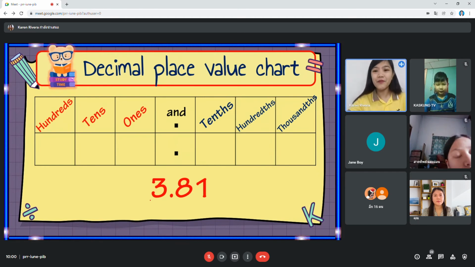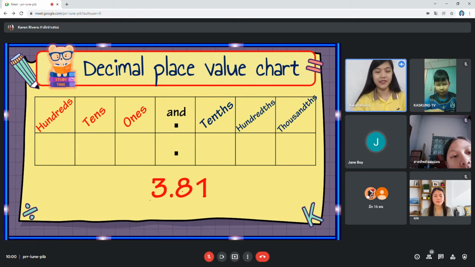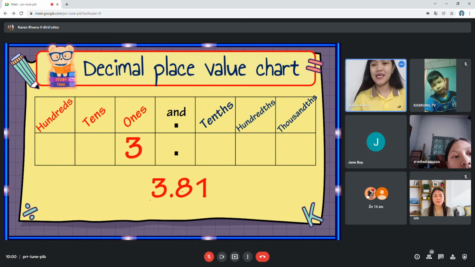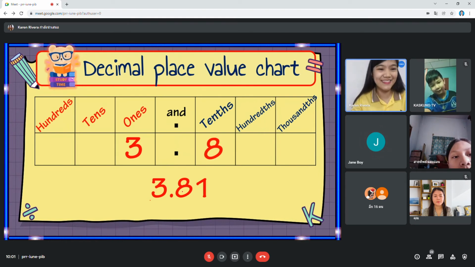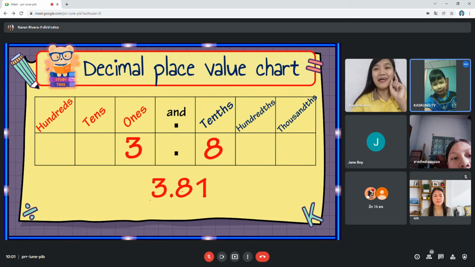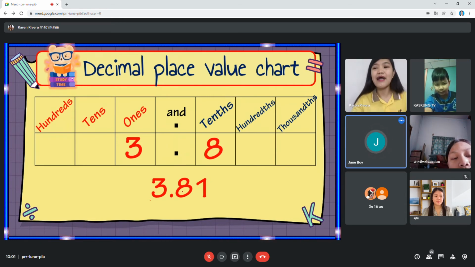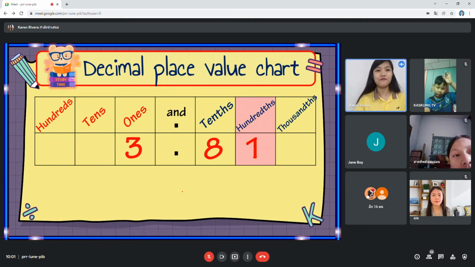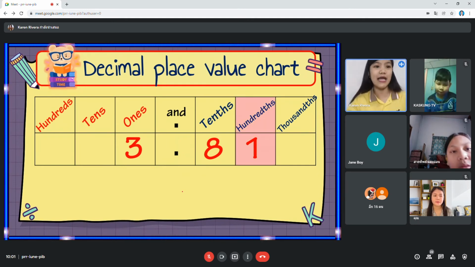Number 3, what is the place value of number 3? Ones. Number 8? Tenths. Number 1, what is it? Hundredths. Okay, so after that place value, look at the last digit.